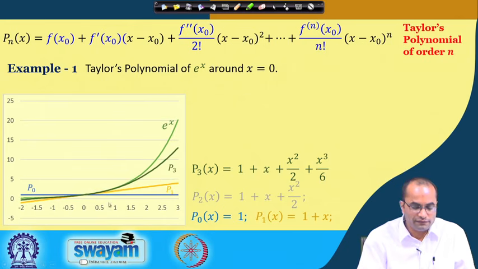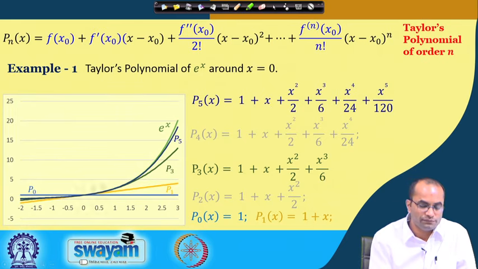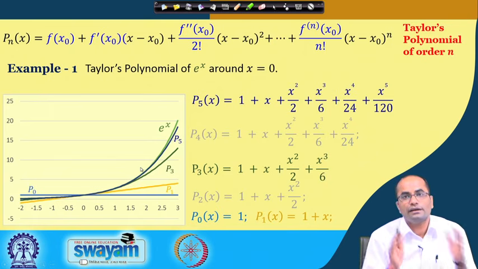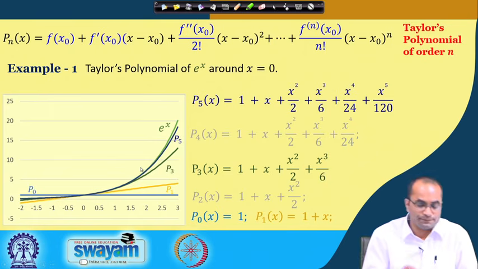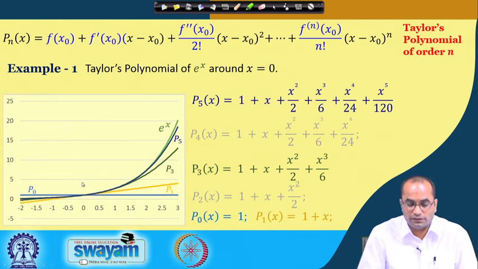So, P 3 again we have plotted here with this curve, and then going further, we will get like P 5. So, for example, if we plot here P 5, then this P 5, if you see, is pretty close to the exponential function in a wide interval around this point 0, which was the point of this expansion here.